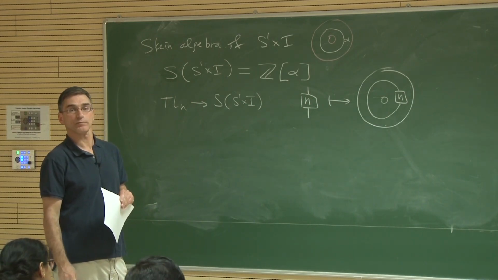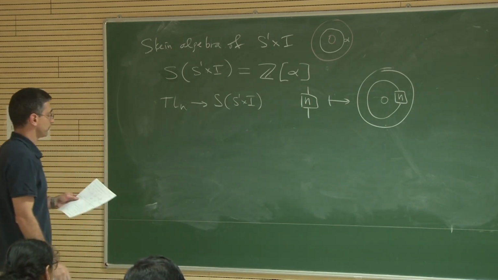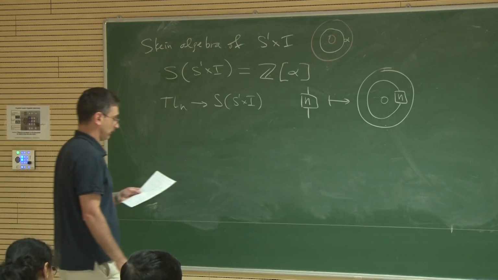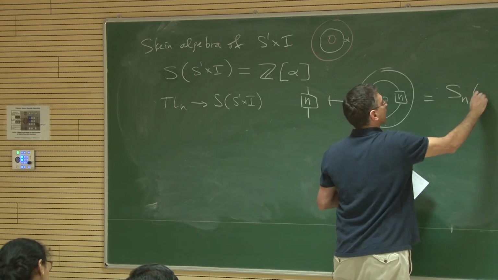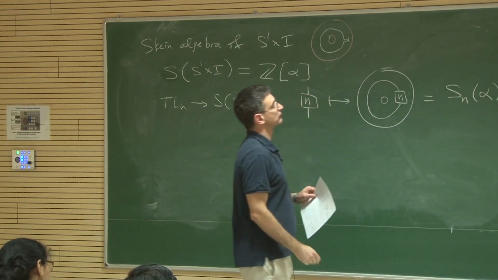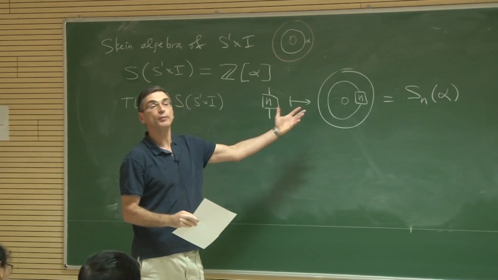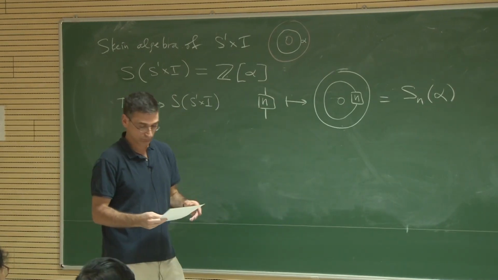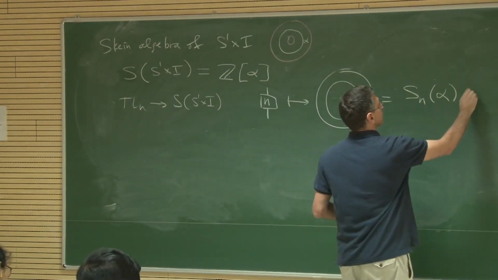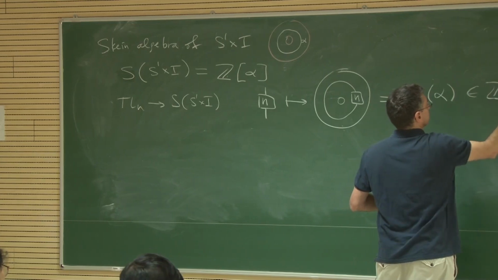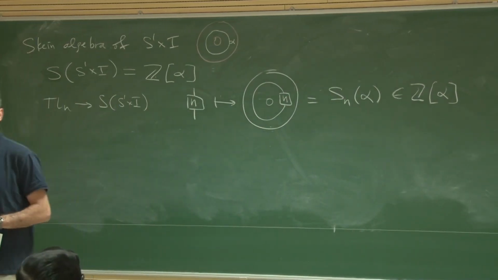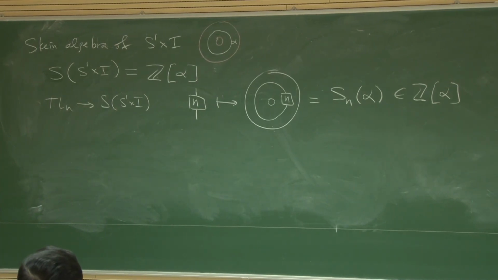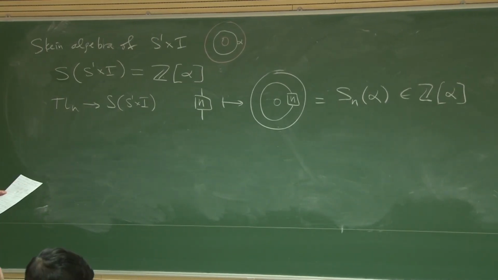That's going to be the map of interest. This fellow here is Sn of alpha. It's some polynomial in alpha. Let's figure out what polynomial it is. What's the polynomial?